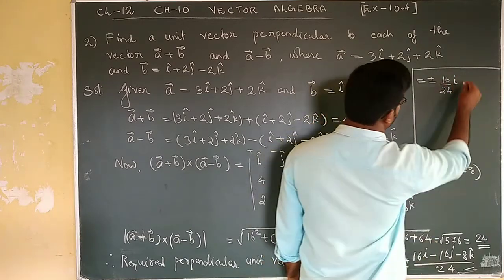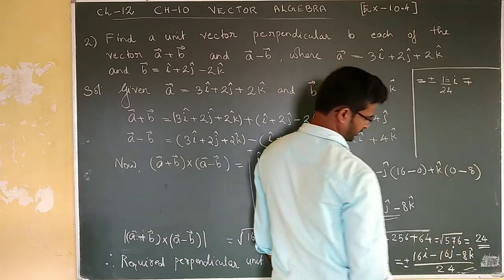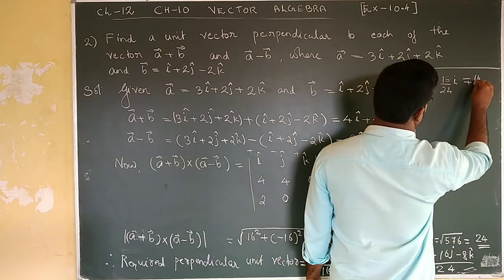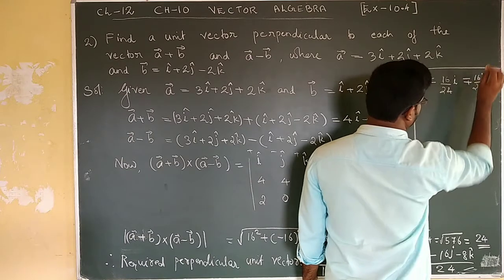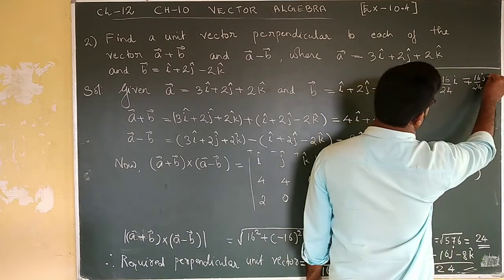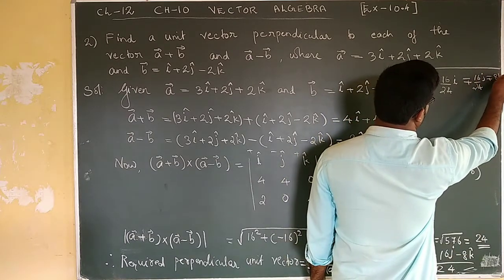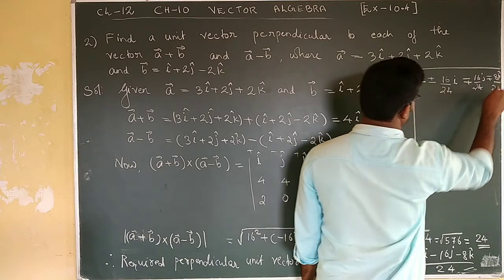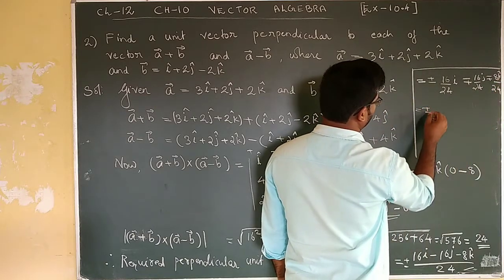Then in here minus means minus or plus, again 16 divided by 24 j. Then last minus means minus plus 8k divided by 24 equal to plus or minus.